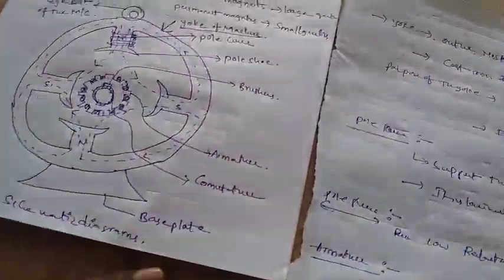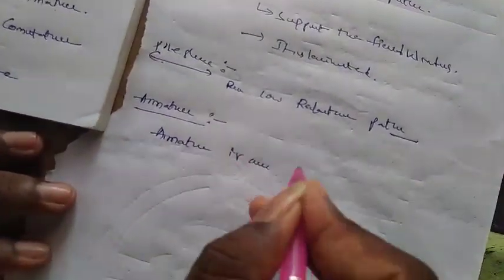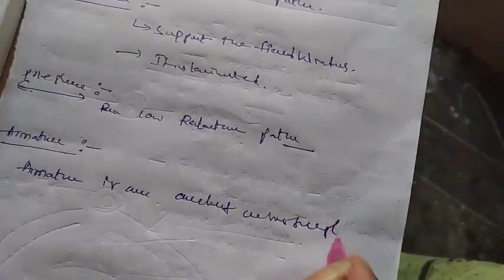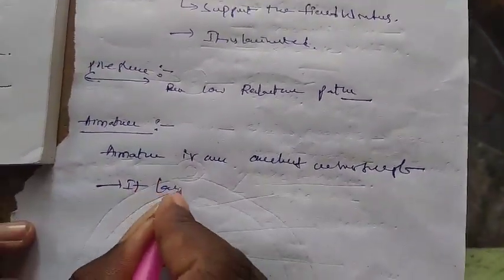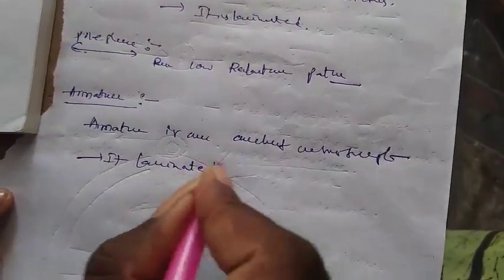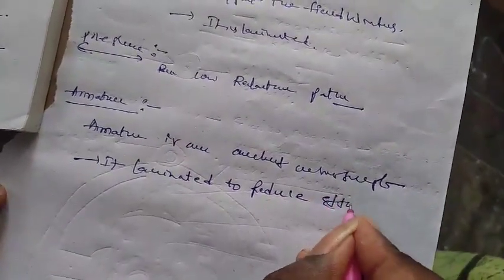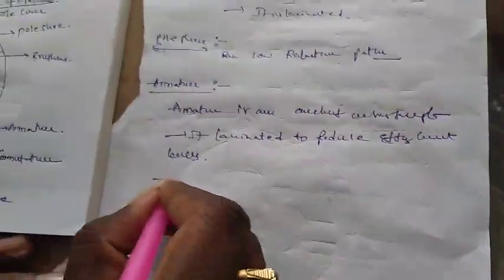The armature is made up of hard drawn copper or cast iron or cast steel. It is laminated to reduce eddy current losses.